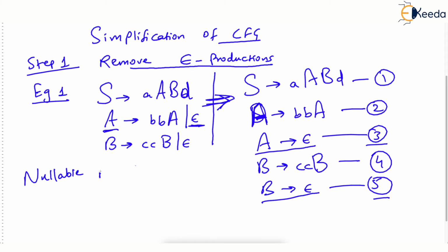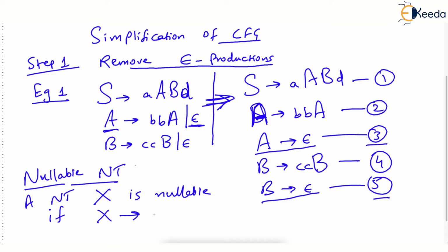A non-terminal X is nullable if X derives epsilon. Any non-terminal that derives epsilon is nullable. We say it's a nullable non-terminal.